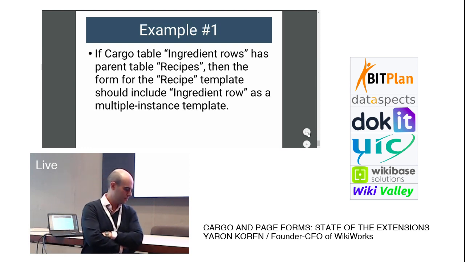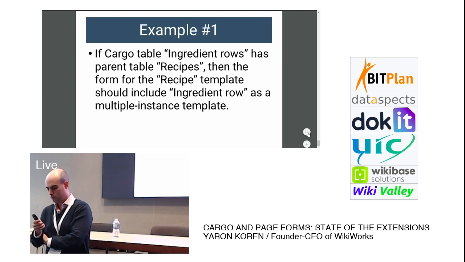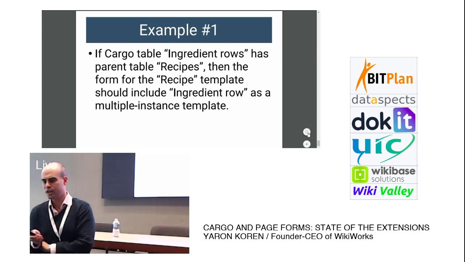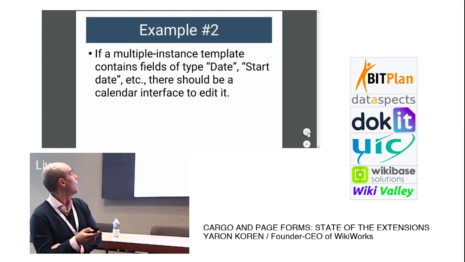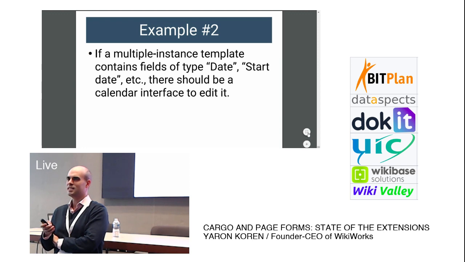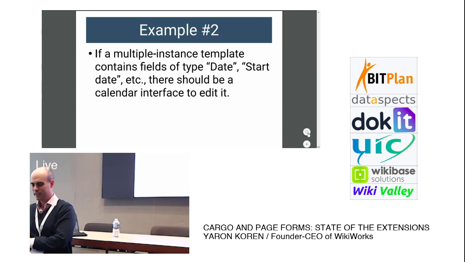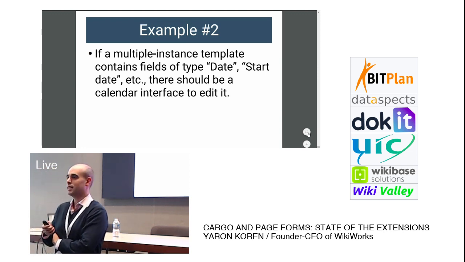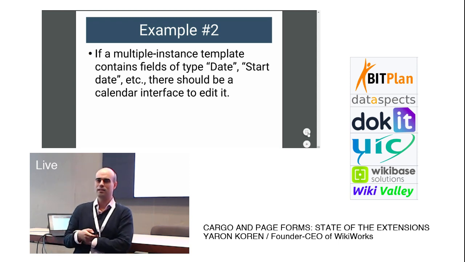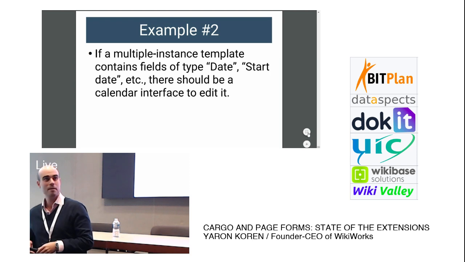Yeah, that kind of thing. So even the presence of multiple instance templates would not necessarily prohibit you from having an automatically generated form. And then similarly, if it sees that there's a date or dates within that multiple instance template, then we can use that editable calendar that I semi-showed before.